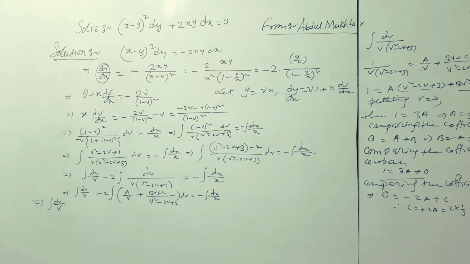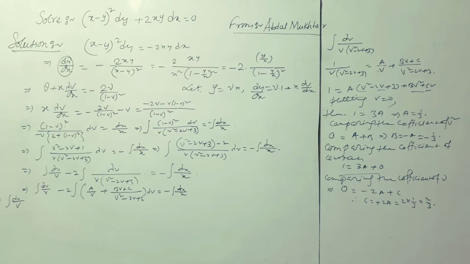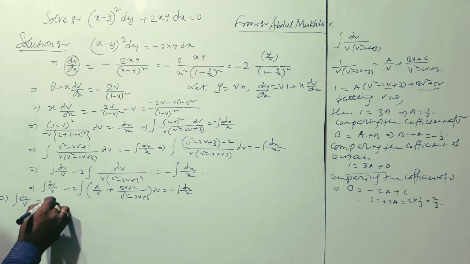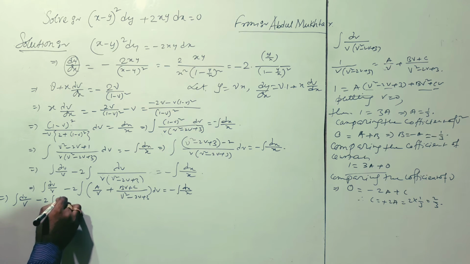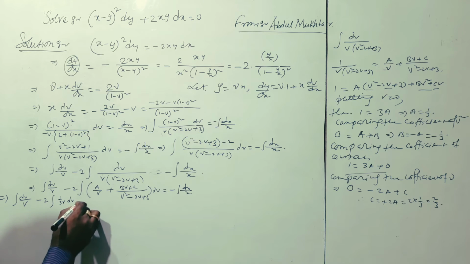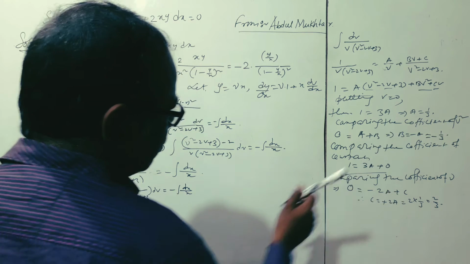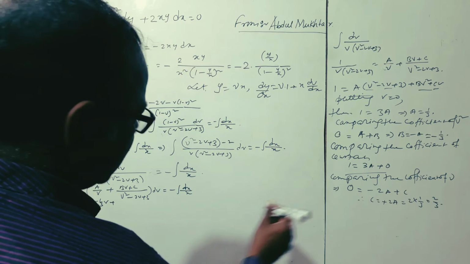A means 1/3 dv by v, and b is minus 1/3, c means here 2/3.